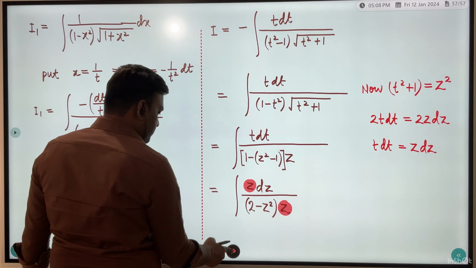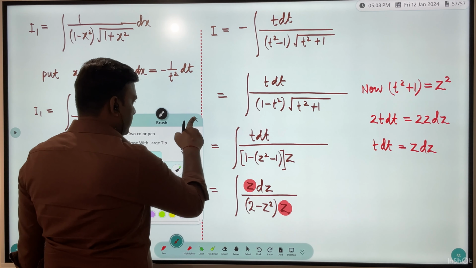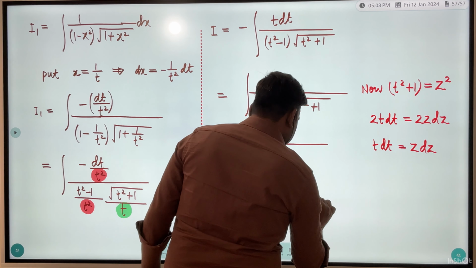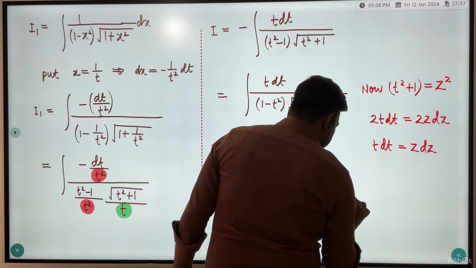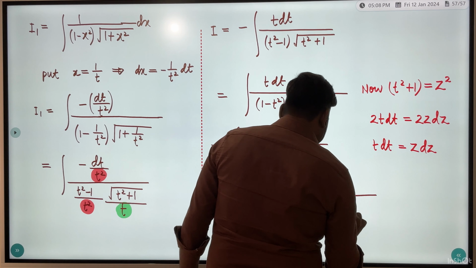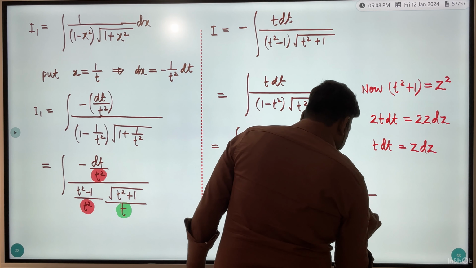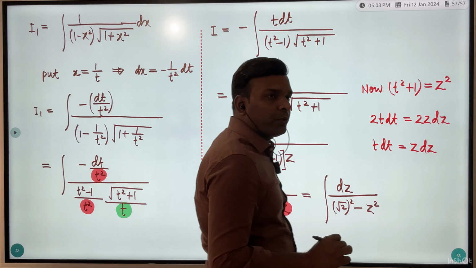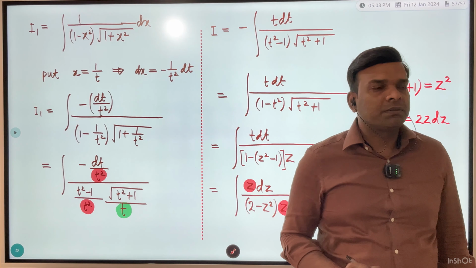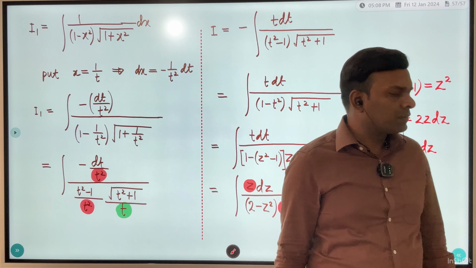So finally we can see that the z present in numerator and denominator is getting cancelled out. So finally we are getting the integration as integral dz divided by square root of 2 square minus z square, which is of the standard form.